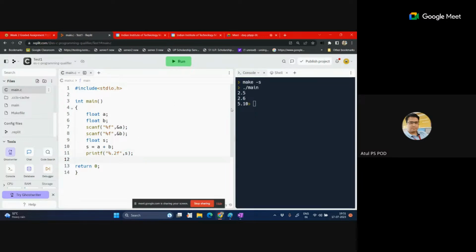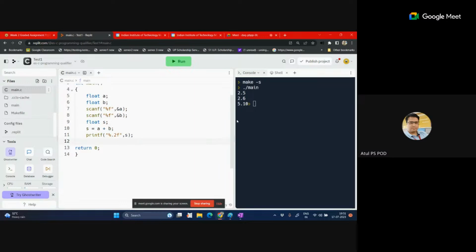Okay, so this is the way of reading the input and printing the output. This is very useful. For every programming assignment, you will get this information, what type of input you need to read and what type of output you need to print. This is the basic or main part of the program. In between, the processing part is required, which is actually called the logic and algorithms.